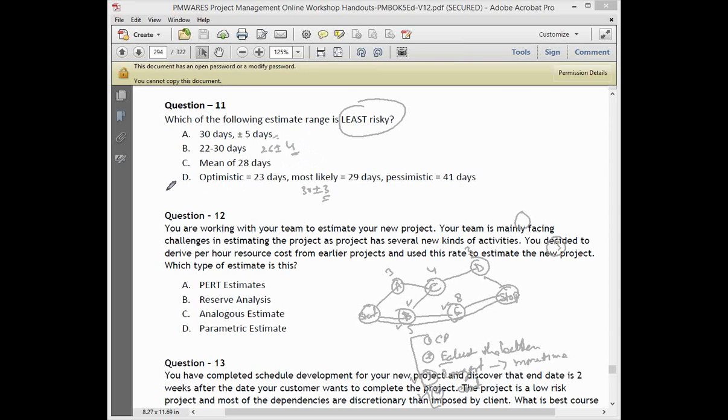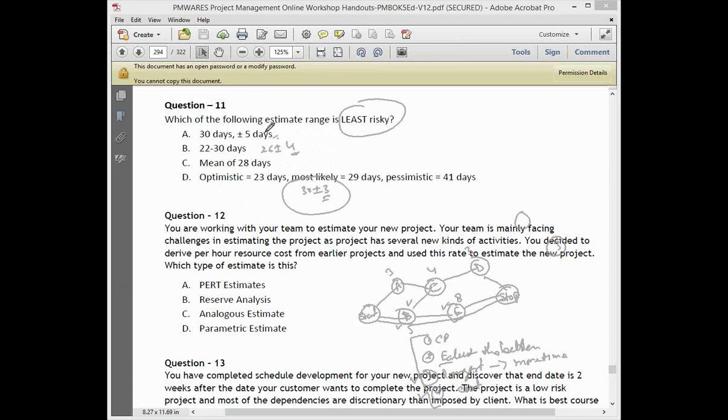If we say which is more accurate, I will say this, because we are giving a more precise figure there and with less deviation. But giving 30 days with plus minus 5 days, we are giving it quite a bandwidth. If somebody accepted, it will be least risky.